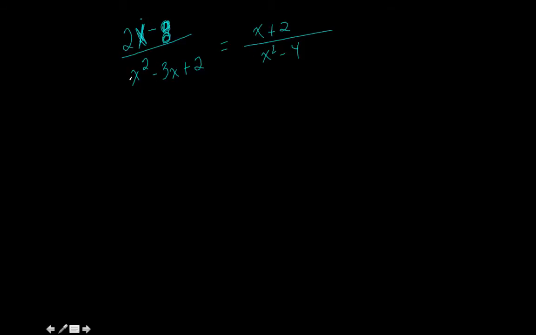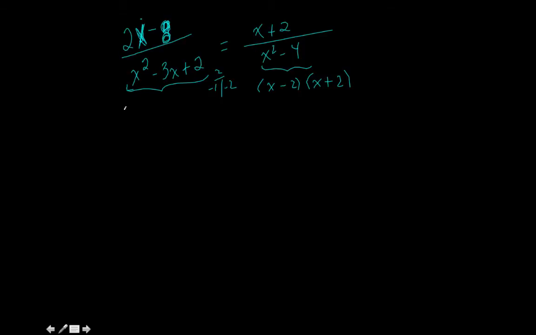So in these, we need to find the common denominator, so we need to factor both of these things. So here, again, is hopefully recognizable. This one, 2, doesn't factor very many ways, as we mentioned before. So that's positive, which means they match. That's negative, which means they're both negative.